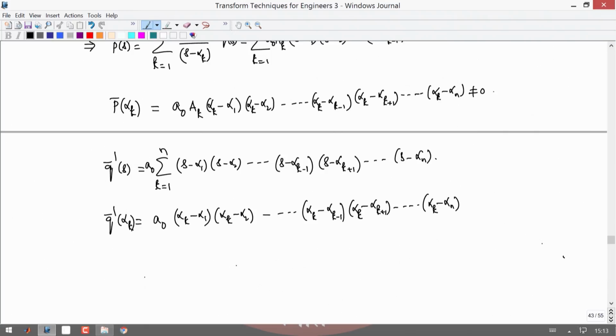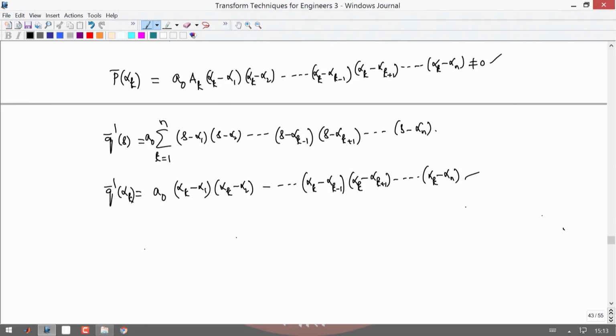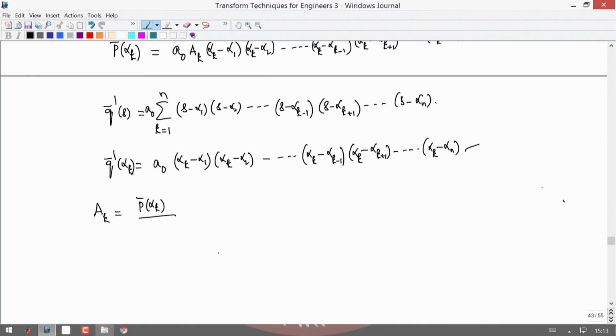So, if you compare this with this, you can easily see that a k is actually equal to p bar of alpha k divided by what is remaining, this q bar dash of alpha k. So, this is true for every k running from 1 up to n.